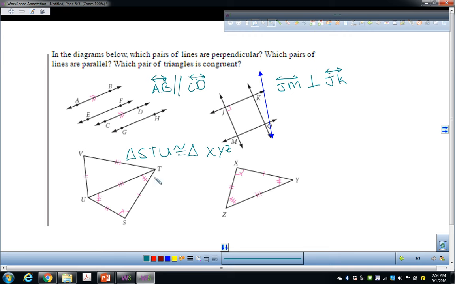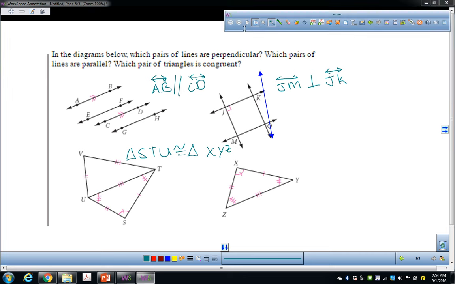This one looks like it's more congruent to this than that one is, but you can't assume it, because it doesn't have 3 sides and 3 angles congruent, which is what you need to prove congruence. And make sure you name things in corresponding order. Questions about that? Okay then.